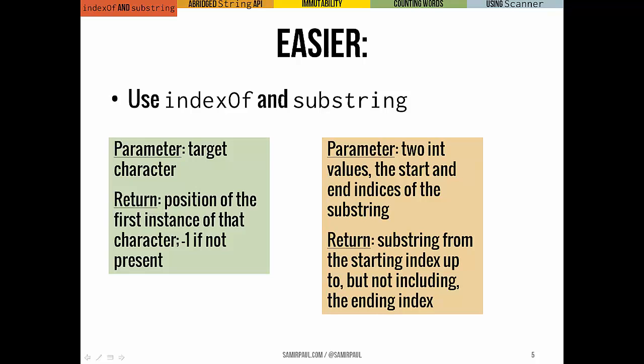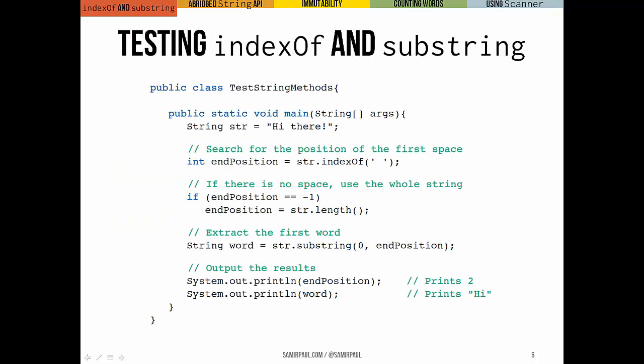Okay, so let's take a look at a short program that uses these two methods. We've got a sample string, call it str, and we're initializing it with the value hi there. We search for the first instance of a space using the index of method.